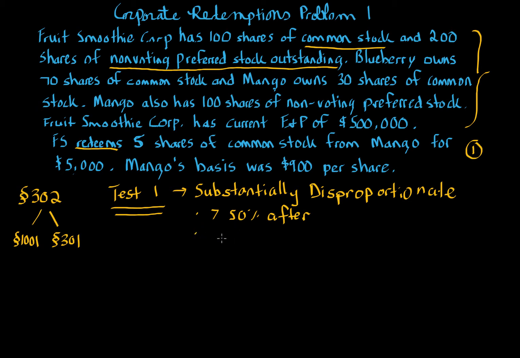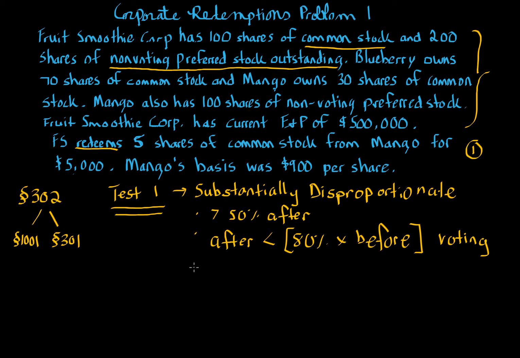Second is that the shareholder's after percentage is less than 80% times the before percentage. This is a formula, and that is with respect to voting common stock.